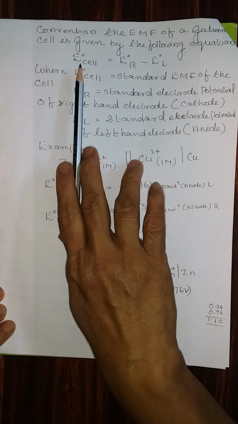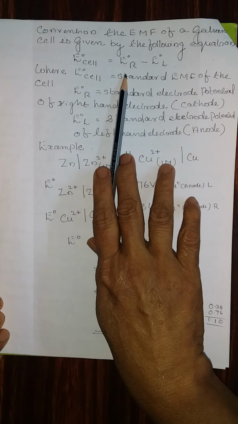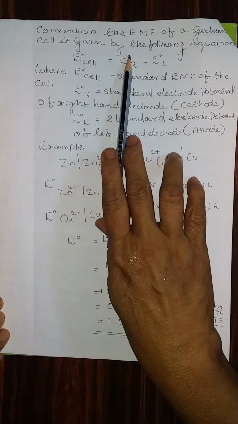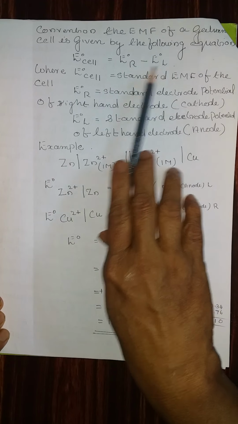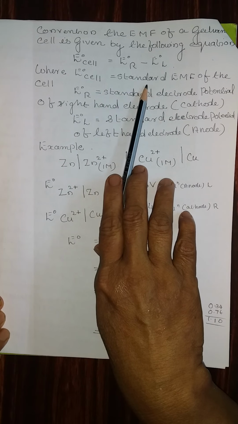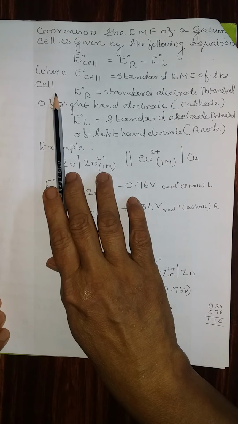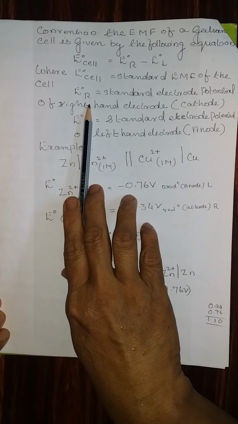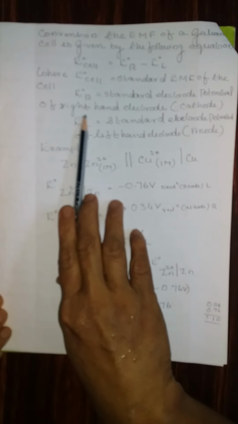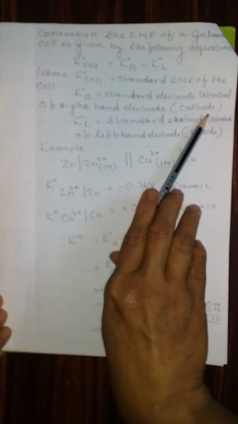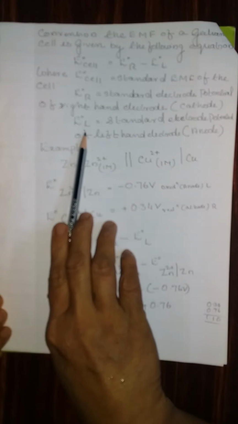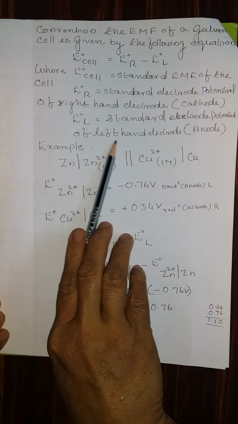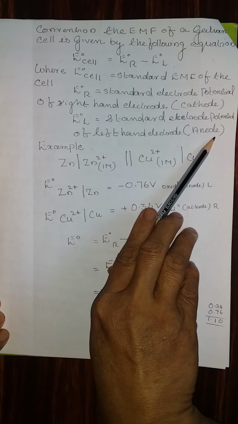The standard EMF of a cell is equal to the standard electrode potential at the right minus the standard electrode potential at the left, where E0 cell is the standard EMF of the cell, E0 R is the standard electrode potential of the right hand electrode, that is the cathode, and E0 L means the standard electrode potential of the left hand electrode, that is the anode.